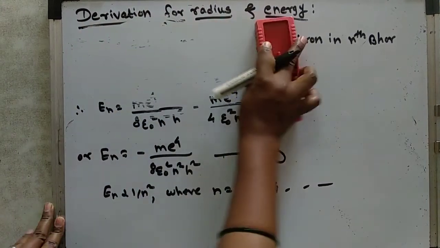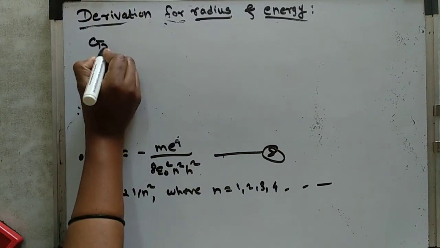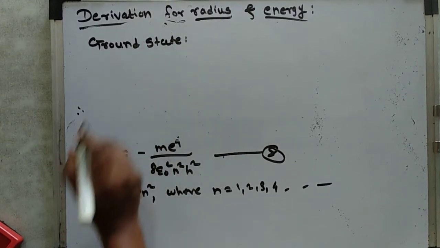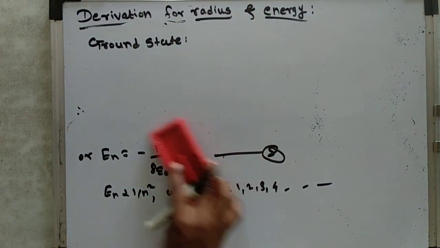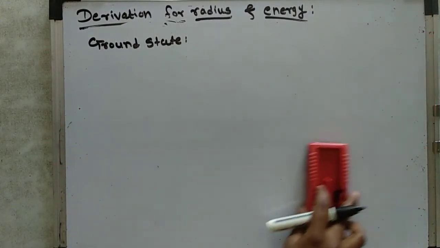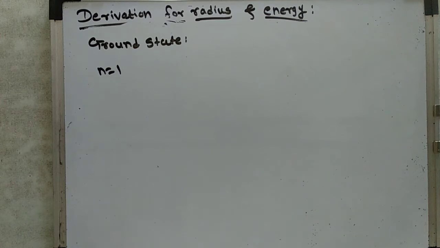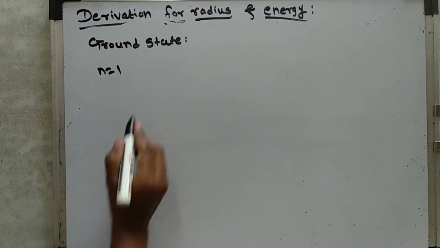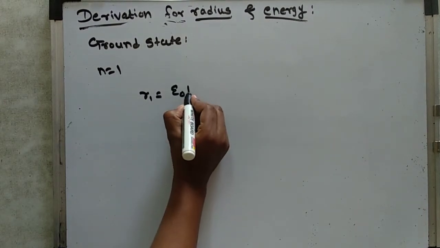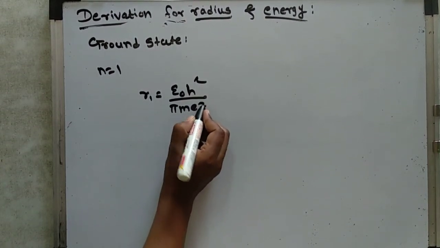Ground state. Ground state is the lowest orbit of hydrogen atom for which the principal quantum number n is equal to 1. The radius of the first Bohr orbit is r1 is equal to epsilon naught h square upon pi m e square.